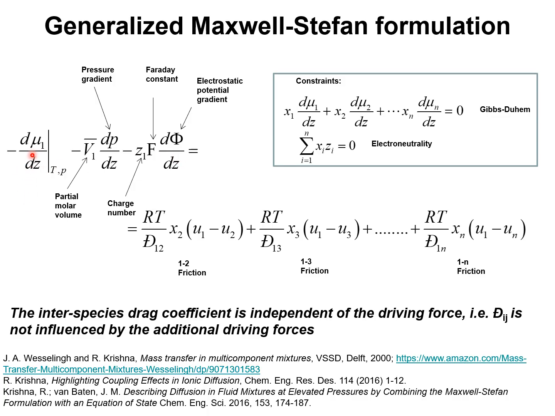So the generalized driving force that causes diffusion of species 1 is the isothermal isobaric gradient of the chemical potential plus a term that is proportional to the pressure gradient plus another term that is proportional to the electrostatic potential gradient. F is the Faraday constant, Z is a charge number.